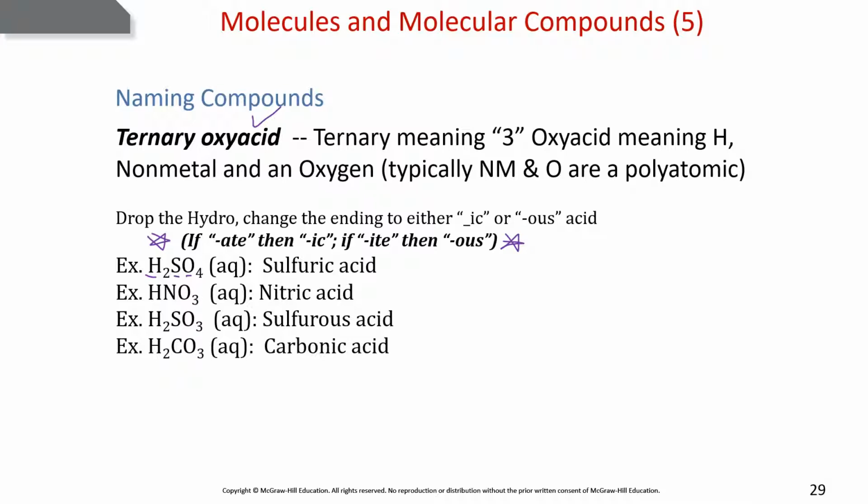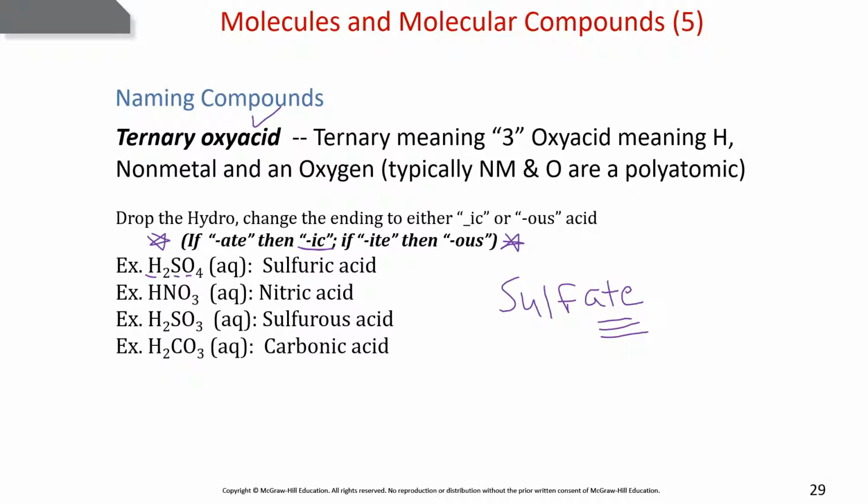I know that because I'm becoming very familiar with them and can recognize them in a compound. So my SO4 is sulfate. This oxyacid is derived from the sulfate polyatomic. If ate, then ic. So it's sulfuric acid. We drop the hydro, name the polyatomic, and change the ending to either ic or os.